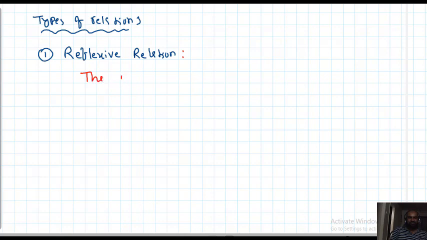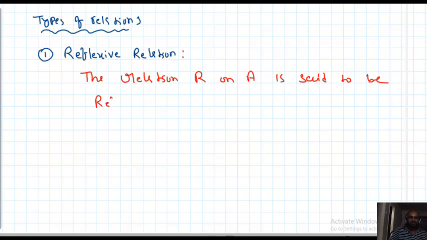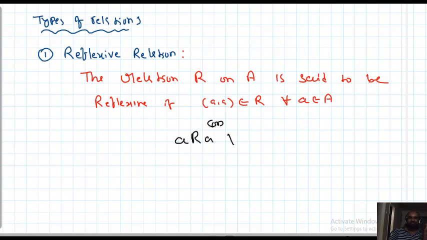The relation R on A is said to be reflexive if the ordered pair (a, a) belongs to R for every a belongs to A. In other words, a is related to a for every a belongs to A. If I write a definition like this, no one can understand it, so I will explain through examples now.